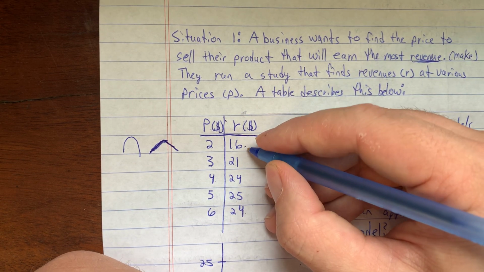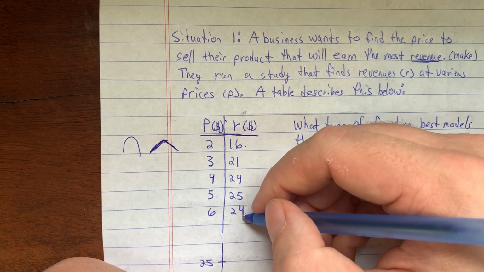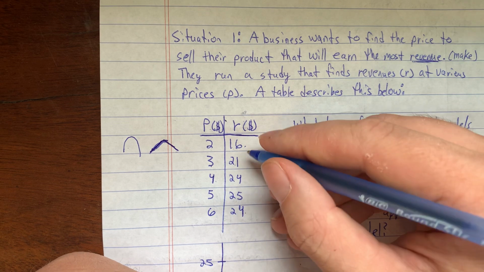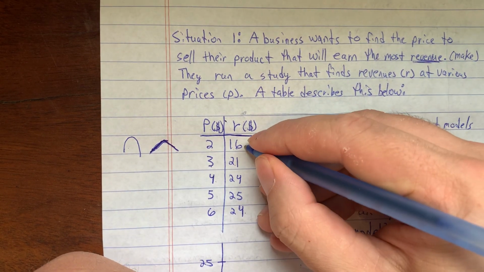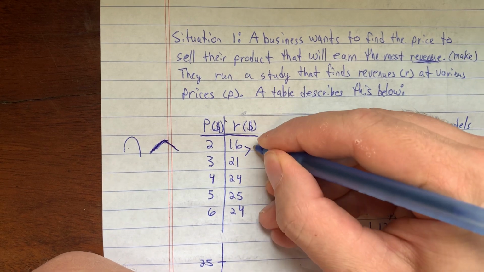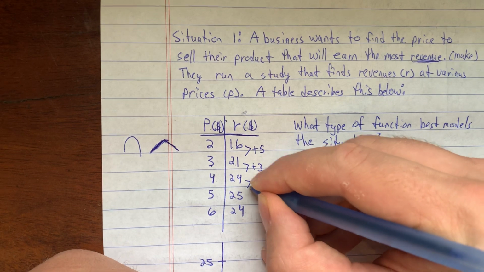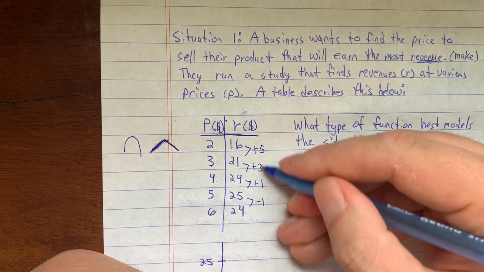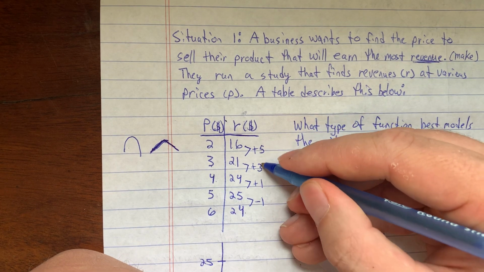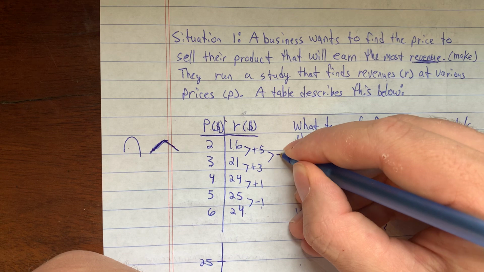If it's an absolute value function, what I'll be looking for is two different constant differences, one increasing and then one decreasing. If it's a quadratic function, I'll look for a constant second difference. So I noticed that the revenue went up by 5 here, up by 3 here, up by 1 here, and then down by 1. It does not look like an absolute value function because there was no constant rate of change. So I'm going to look and see if there was a constant second difference.